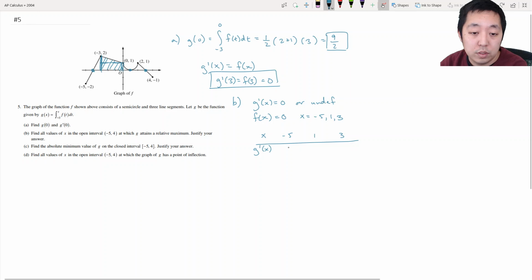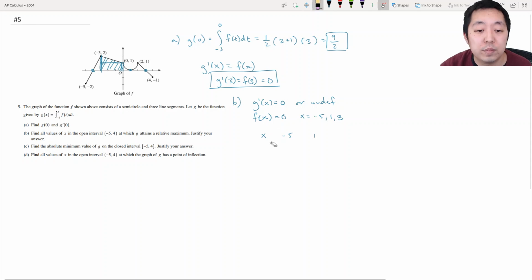Let me make a little more space. I need to do them in order. It's -5, then 1, then 3, then g prime of x, which is equal to f of x.